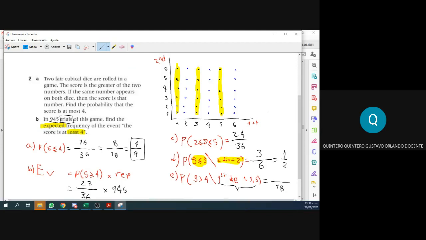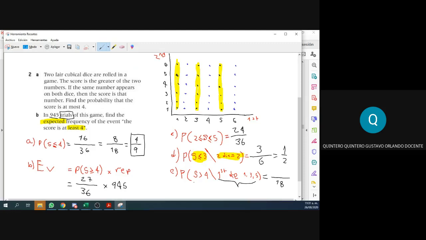Now, out of those 18, how many of those make it so that this score is more than 4? Be careful about this. I'm saying more. I am not saying more or equal. I'm saying bigger than. 6? All right, let's see.